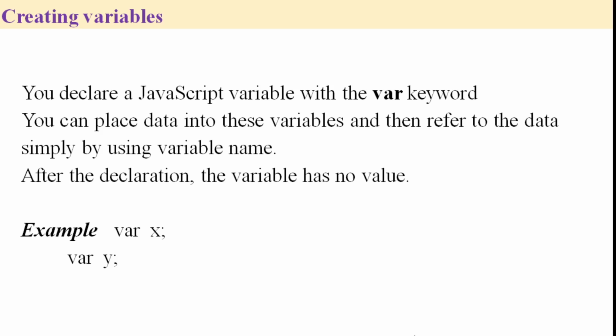You can place data in these variables and then refer to the data simply by using the variable name. After declaration, a variable has no value. See this example where x, I declared the variable x with the keyword var. Similarly, y.